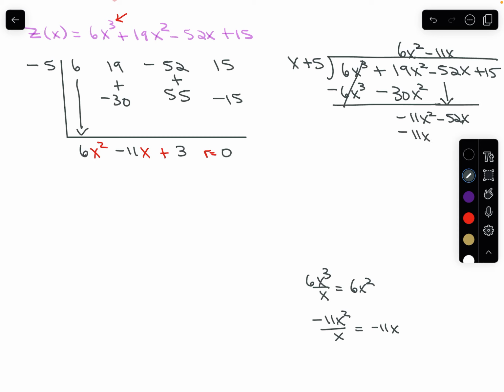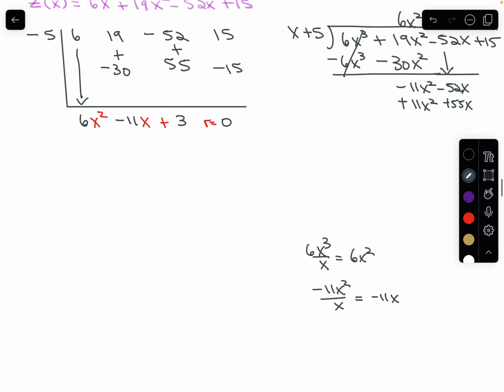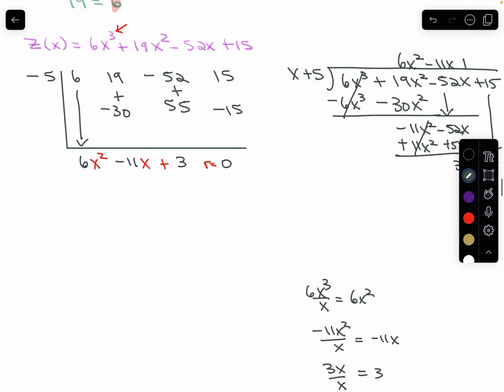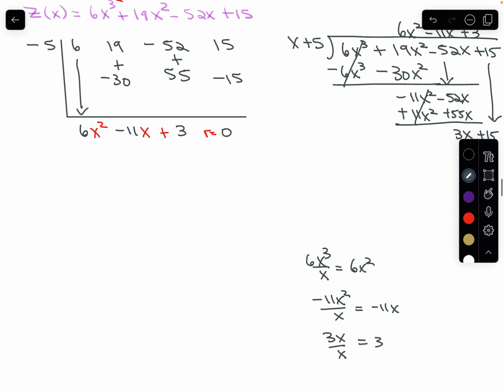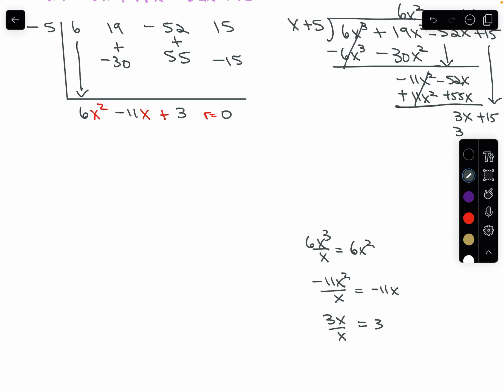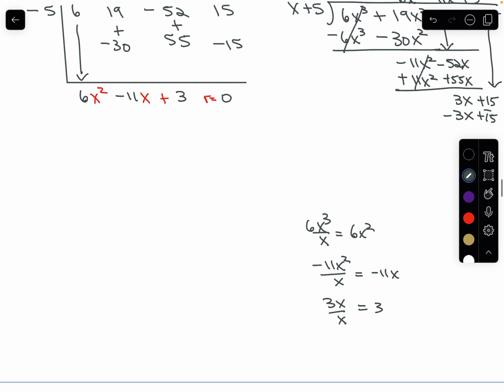Multiply it back, I get -11x squared, -55x, change my signs. I get 3x plus 15, and then 3x divided by x is 3. Multiply back, 3x plus 15, change my signs. That gives me a remainder of 0.